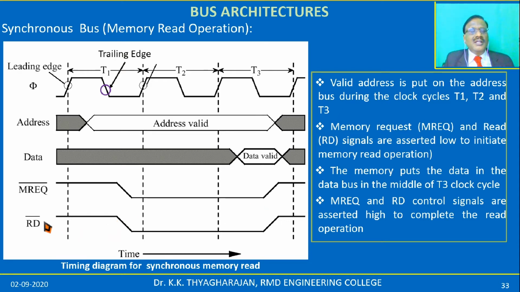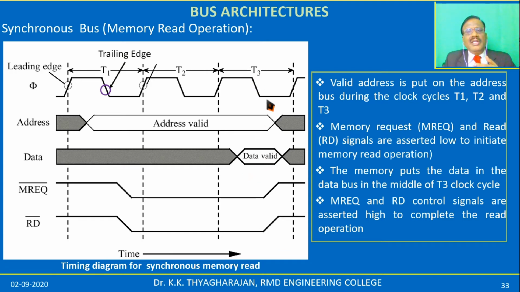For that, the processor will issue the read signal during T1. That is, after giving the memory request, it will give the read signal. So, the memory gets the address and it knows that it is a read operation. That means the CPU wants to read from the memory. So, the memory will put the data on the data bus.